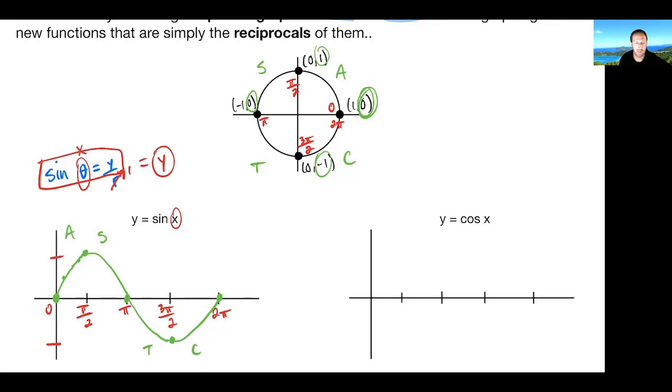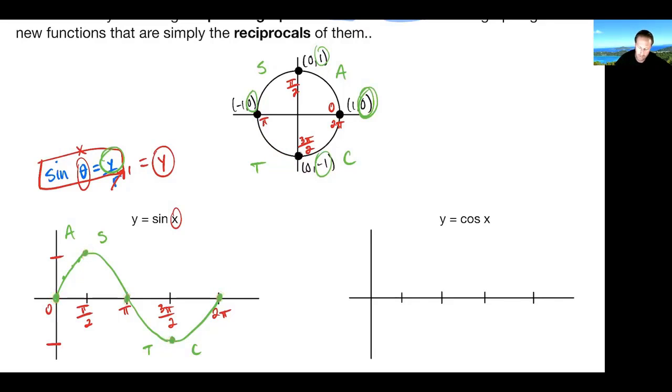So that is our sine curve, which we should know very quickly because we're just focusing on the y on the unit circle, which we know starts at 0, goes to 1, then back to 0, -1, and all the way back around to 0.